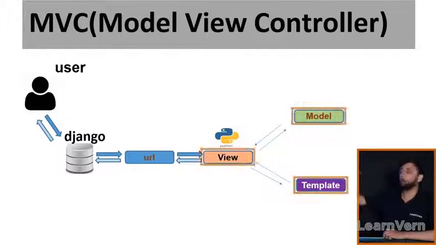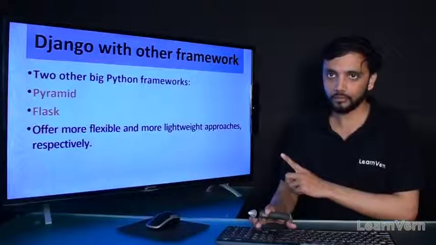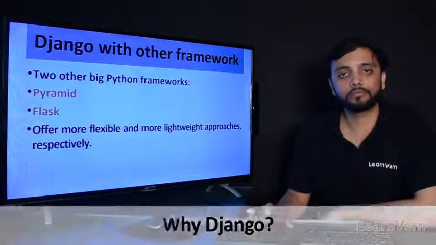This is how Model View Controller works. So this is the main feature of Django. Because of this, Django is most widely used in today's world, and it is the most widely used web framework of Python.